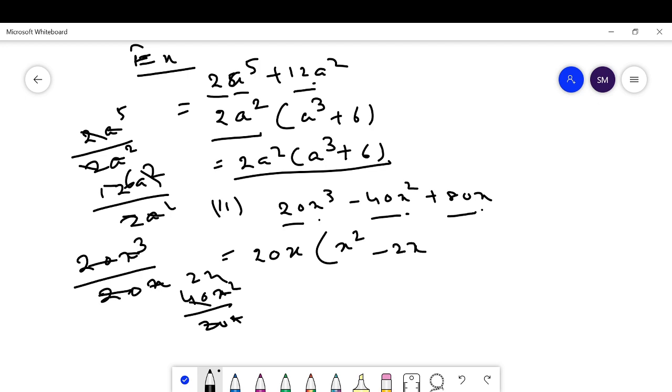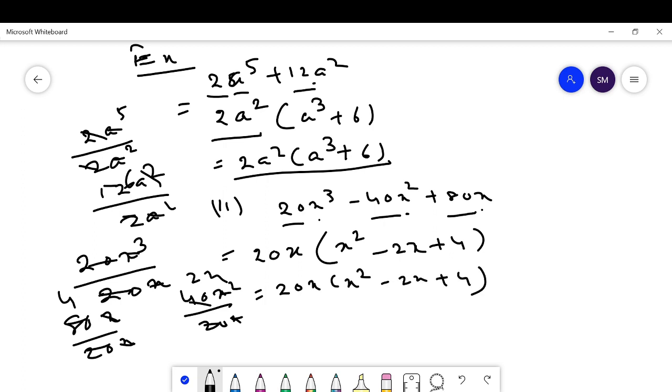When you divide 80x by 20x, the x cancels. What is there? Only 4, plus 4. Then you can factorize this as 20x into x square minus 2x plus 4. This is the answer.